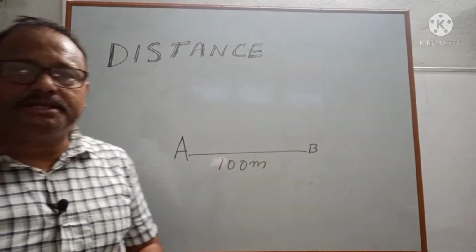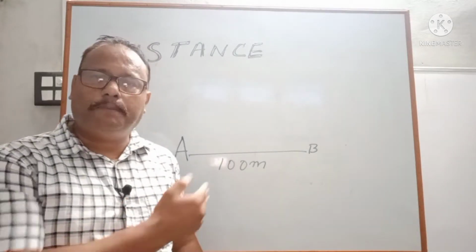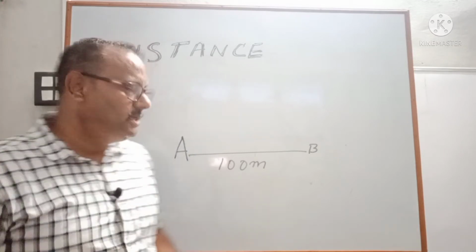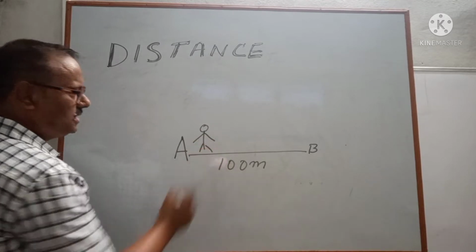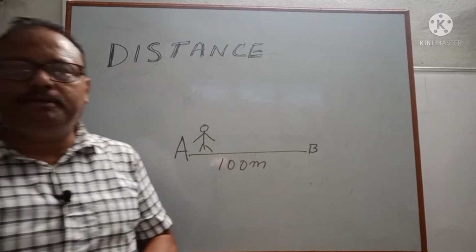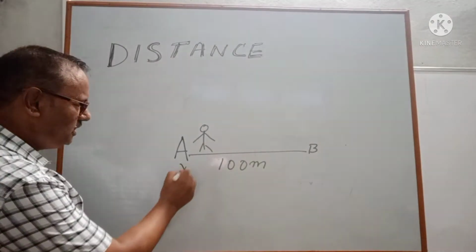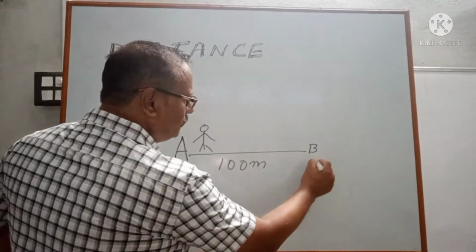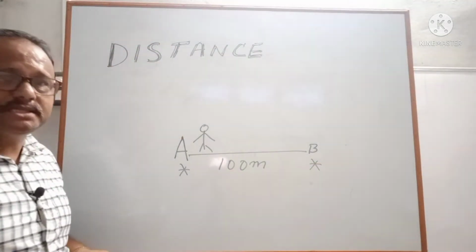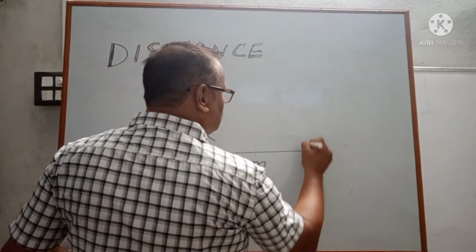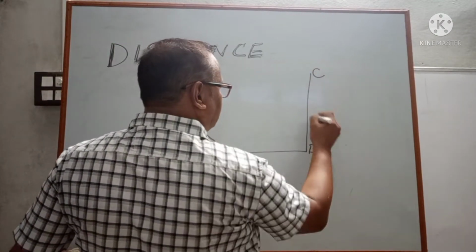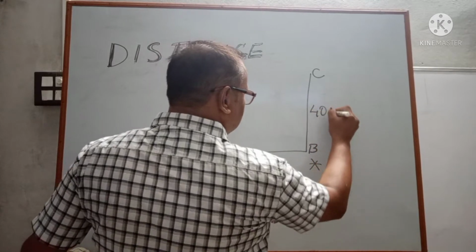This 100 meters traveling is the actual path of movement of an object. That means the person has traveled 100 meters from the point of origin A to the place B. Then from point B, the person travels to point C, that is 40 meters.